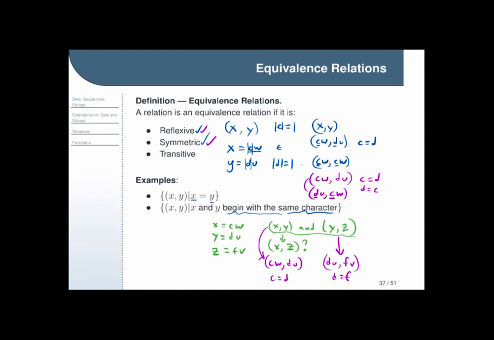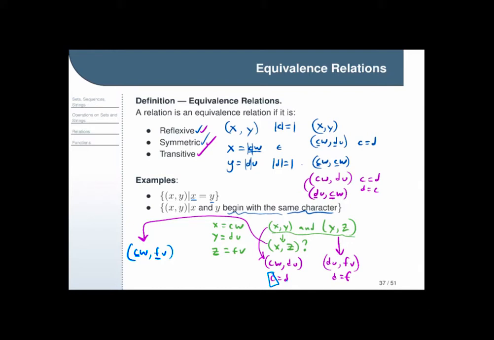And so this question of, does that mean X is related to Z, we can, using our rewrite, say that what we're asking is, is CW related to FV? And that would be true if C is equal to F, right? But C is definitely equal to F because C is equal to D and D is equal to F. And we know equality already is transitive, okay? So that is also true, and we've now proven this formally in a general case, at least, with some reasonable precision.